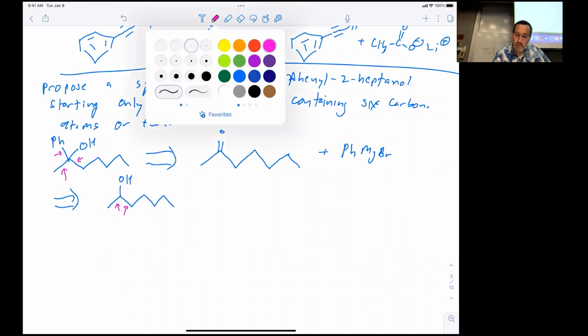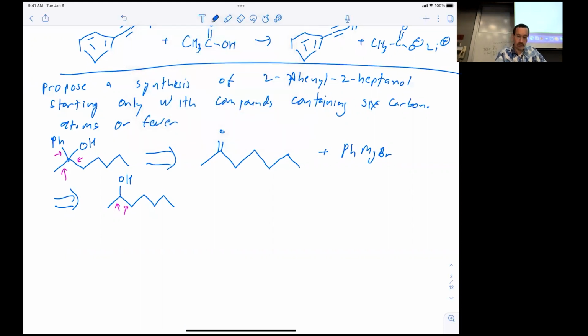But I'm going to split this into the reaction where we start with hexanal and methyl magnesium iodide.